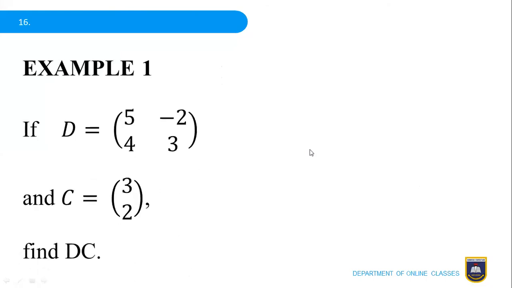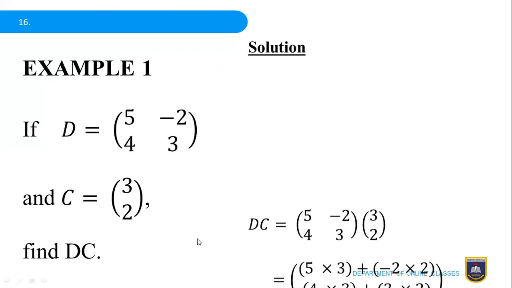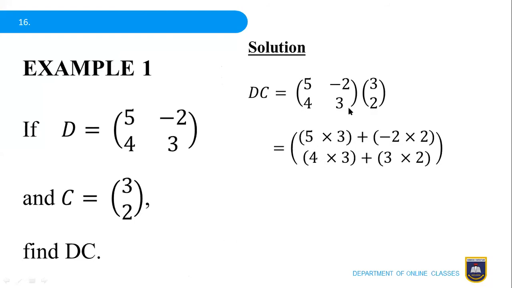Let's pick the first example there, or we go to the next slide. Example 1. If D equal to 5, -2, 4, 3, and C equal to the vector 3, 2, find DC. Our solution is this. DC will be equal to the matrix D multiplying the vector C. So we have 5 times 3 plus negative 2 times 2.